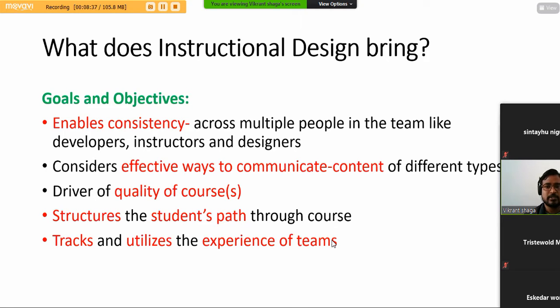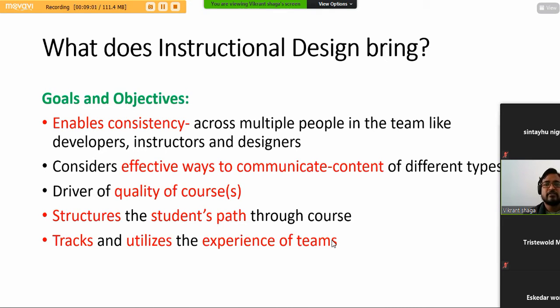And what these designers are doing is finalizing the layouts, the designs, and what sequence should be followed. Instructional designers and instructors work together to show how to make that particular course in a proper sequence.